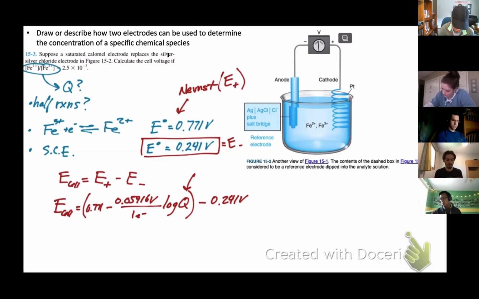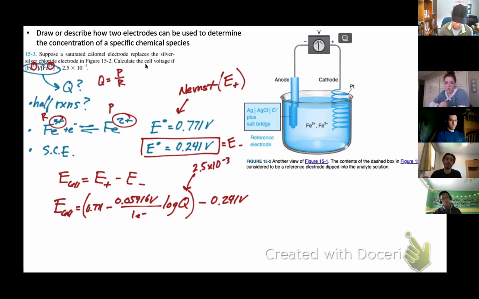Because we have here iron 2 over iron 3, and remember, Q is going to be equal to products over reactants. So I think it looks like our Q is in the right orientation, the way it is. This is going to be equal to 2.5 times 10 to the minus 3.